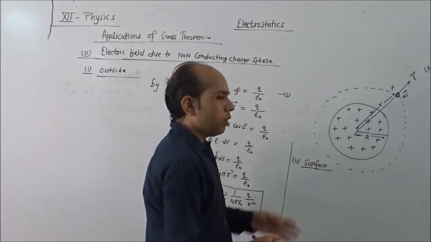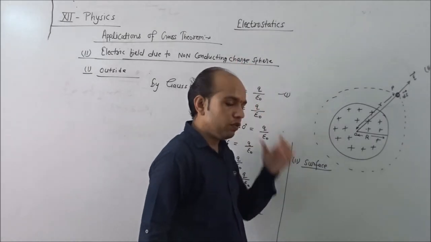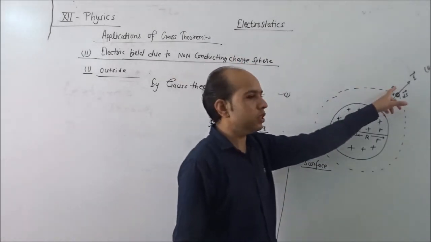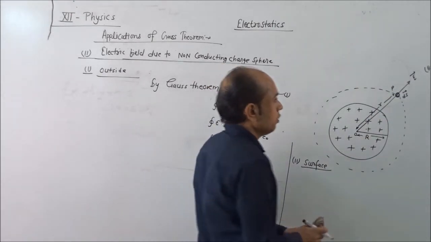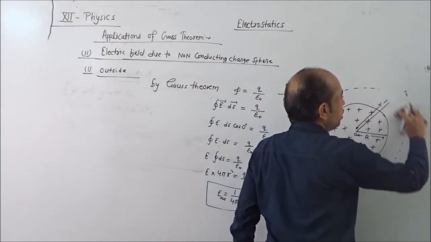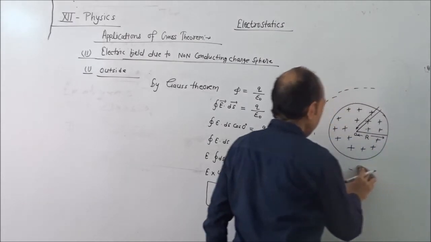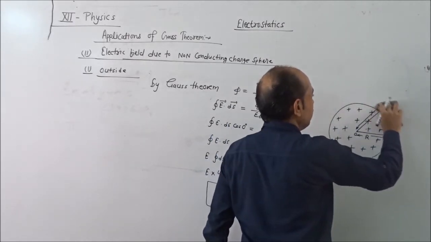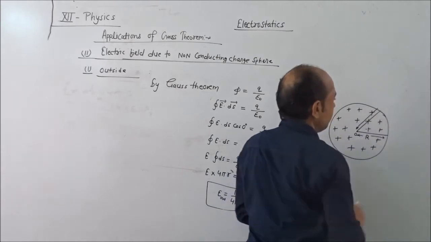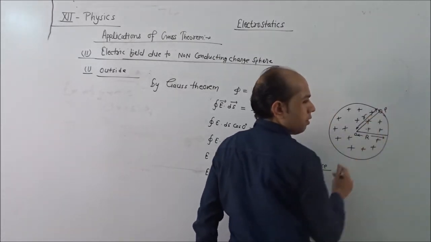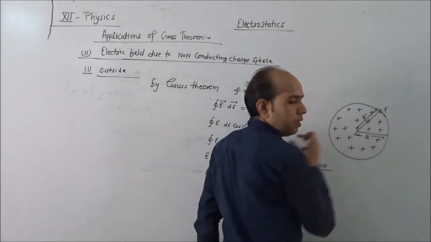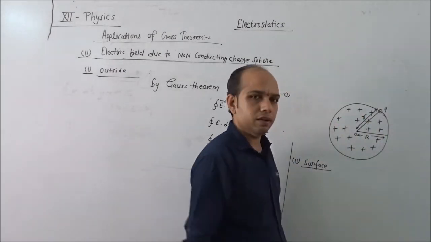Now the second one, we calculate the field at the surface. In order to calculate the electric field at the surface of the sphere, point P is shifted anywhere on the surface. The distance from O to P is small r.